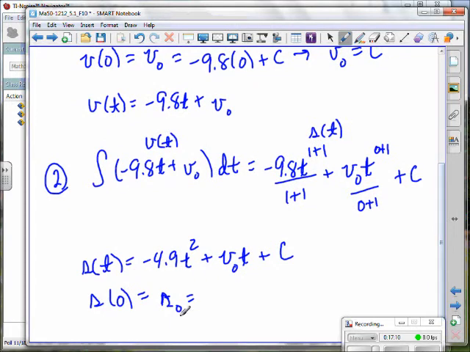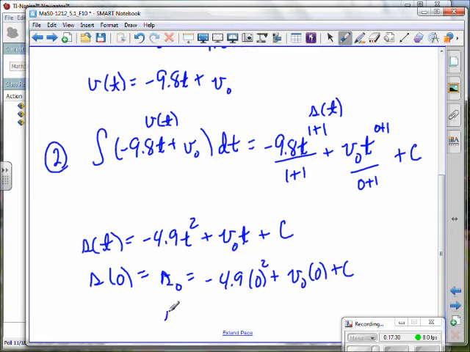And if we have that at time 0, then we've got negative 4.9 times 0 squared plus v sub 0 times 0 plus c. So I'm just saying at time 0, this is where the object is. And what I can come up with is then that s sub 0 is the same thing as that constant.